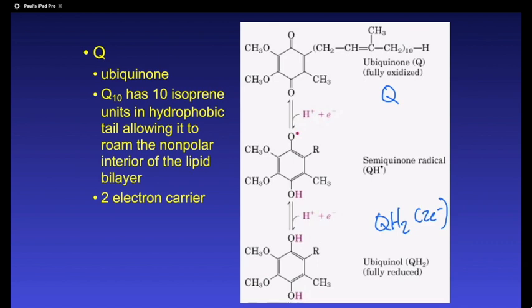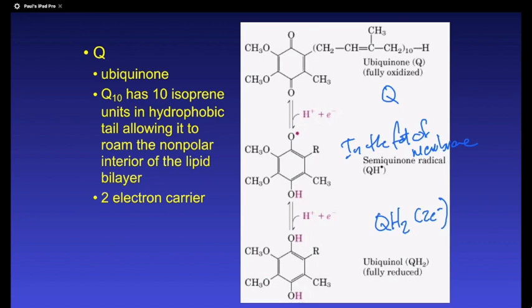Q is the fully oxidized version. QH2 represents the reduced version. It has the 2 electrons, plus it picks up protons. In essence, it will pick up the hydride and then pick up a proton, very similarly to how FAD does, and it will carry those electrons.